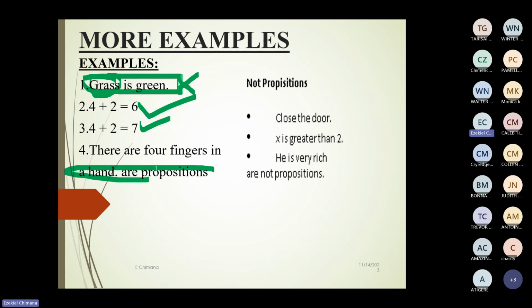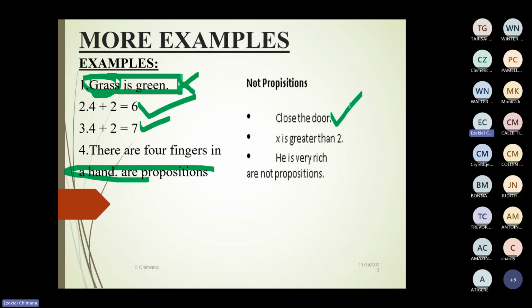We know that a normal hand has got 5 fingers, right? If you say there are 4 fingers in a hand, you know that it's false.